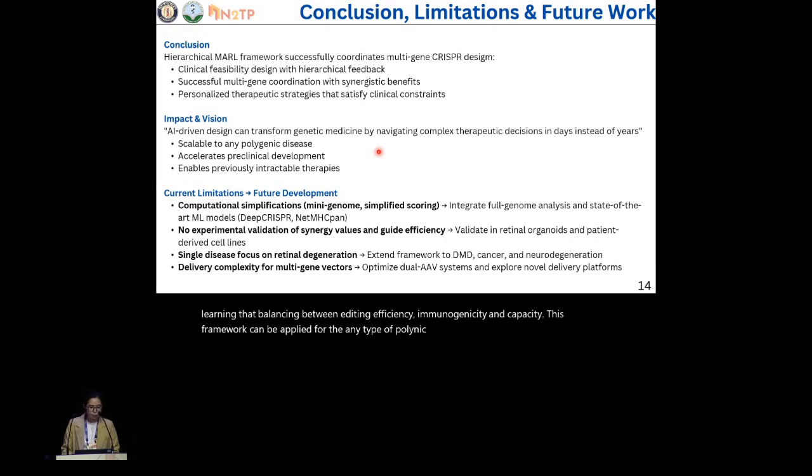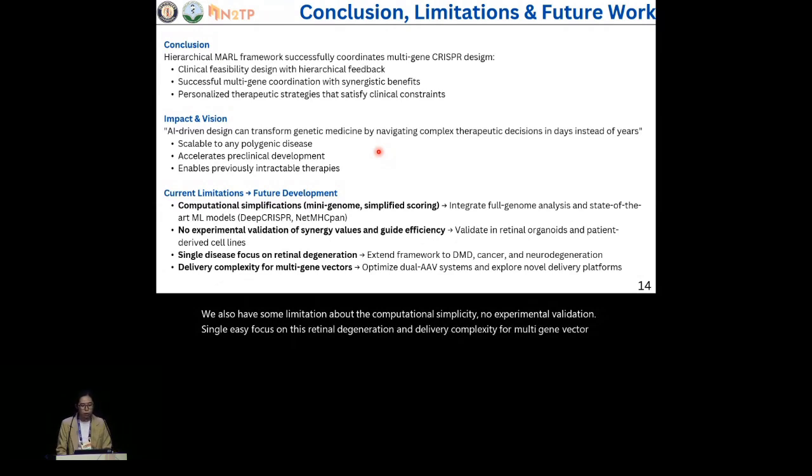We also have some limitations: computational simplicity, no experimental validation, single disease focus on retinal degeneration, and delivery complexity for multi-gene vectors.